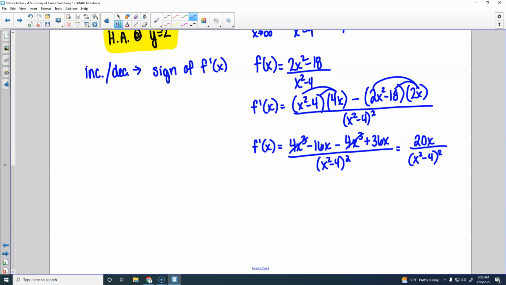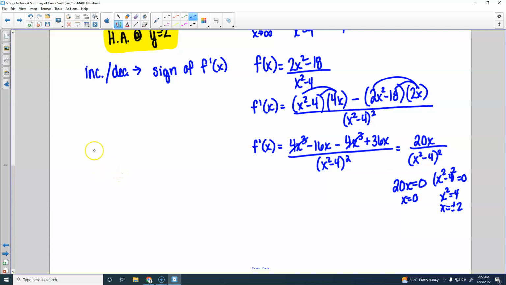Okay, so we could do a sign line for this. To do that, we'll set 20x equal to 0, which is just going to give us x equals 0. We'll also set x squared minus 4 squared equal to 0, which is just going to give us x squared equals 4, which will give us plus or minus 2.